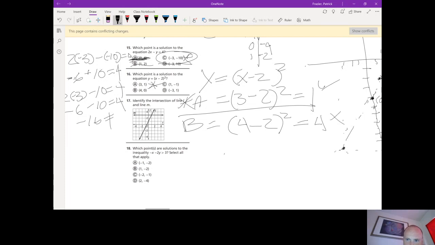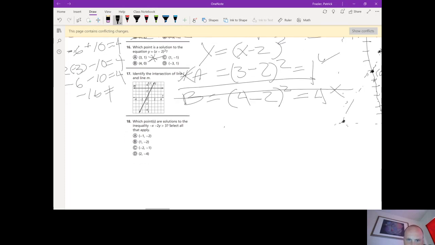But nope, that does not work. So B is no bueno. What about C? 1 minus 2 squared. So 1 minus 2 is negative 1. Negative 1 squared equals 1, not negative 1. So that doesn't work either.